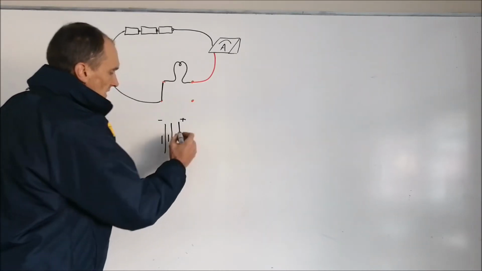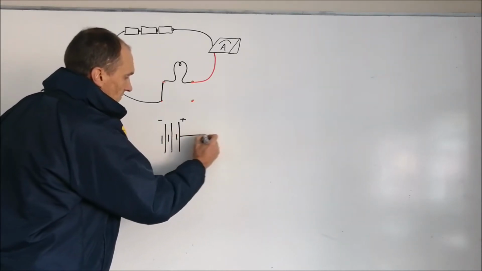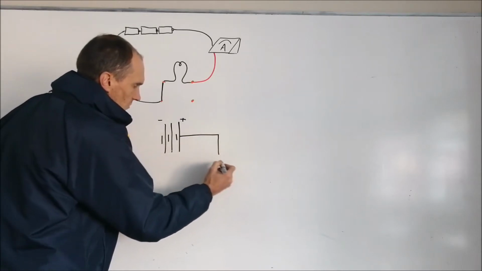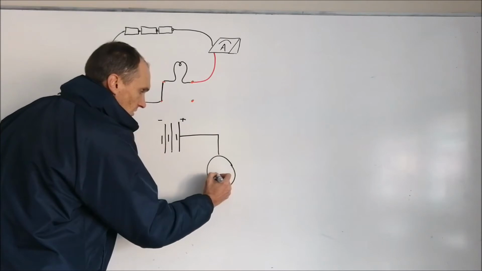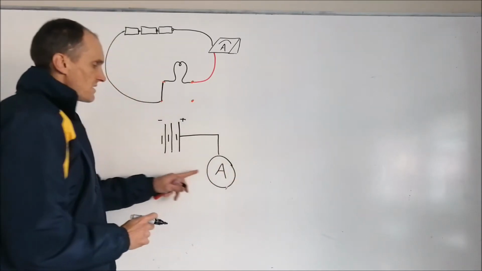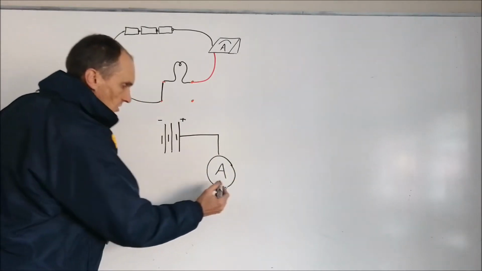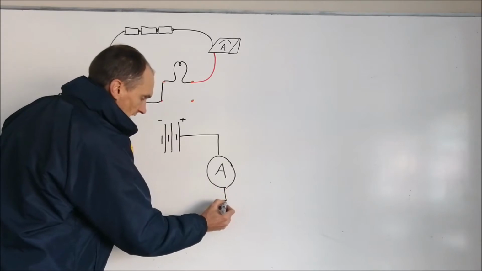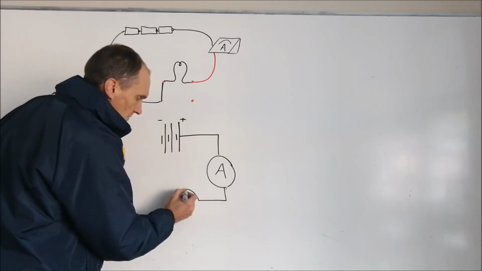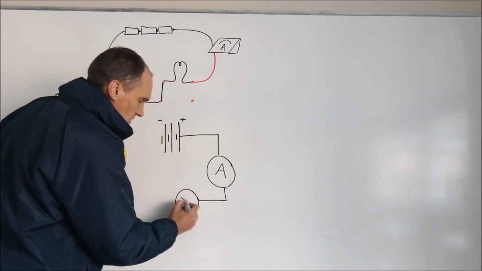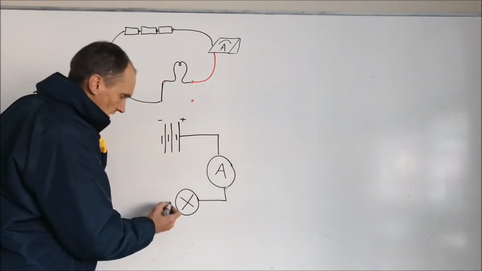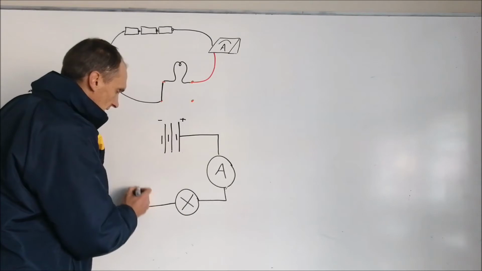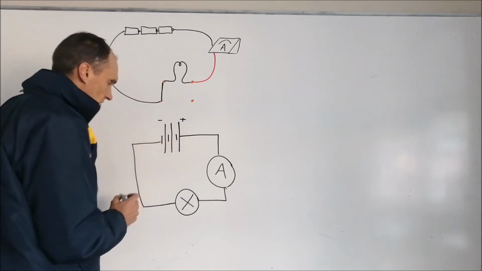Then we come out of the circuit, and generally we draw circuits as boxes, and we go through our ammeter, which in diagrammatic form we represent with a circle with an A in it, and then a globe, again we represent as a circle with a cross inside it. So that is the notation for a globe, and then we circle back to the battery.